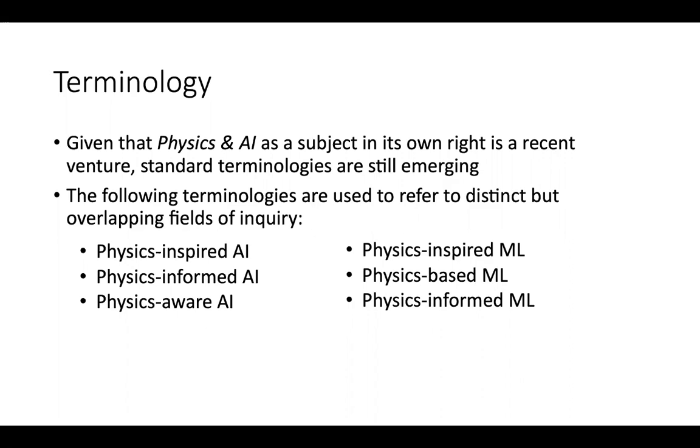Also, for this field as a whole, if you look at the literature, researchers have used physics-inspired AI, physics-informed AI, physics-aware AI, and so on and so forth, to describe the same discipline, or overlapping research endeavors, which are not always exactly the same. We will not dwell too much on this, but just want to call out that this is how the literature currently is. We will also not dwell too much on the boundaries between AI and machine learning, but mainly focus on the foundations, the techniques, and cross-disciplinary connections.